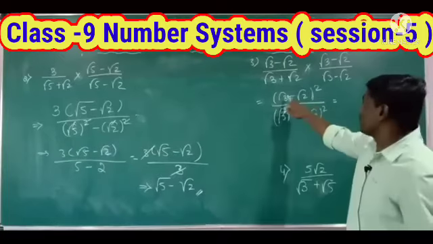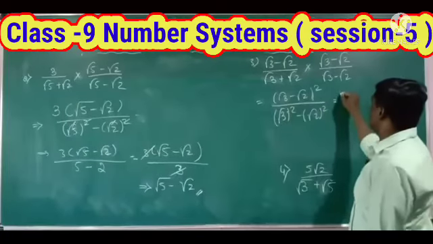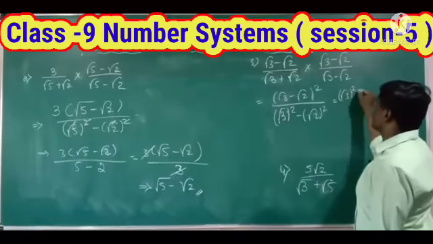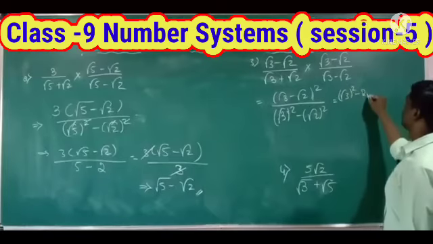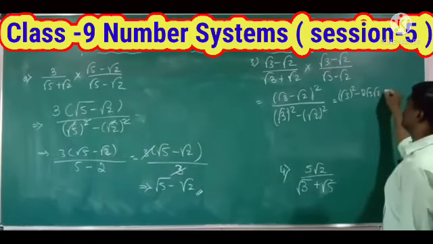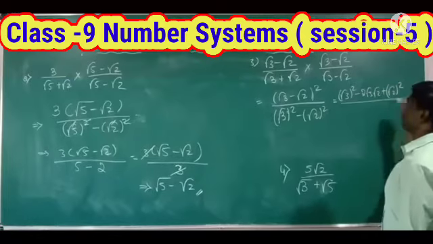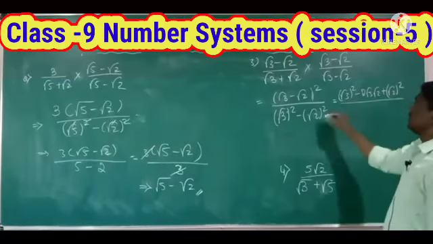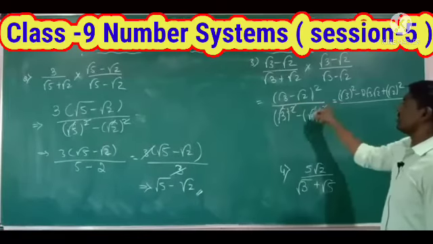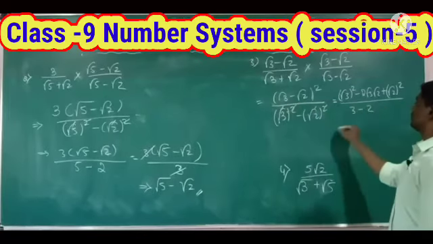Simplify the numerator with the help of the a minus b whole square formula: root 3 whole square minus 2 into root 3 into root 2 plus root 2 whole square, divided by 3 minus 2.